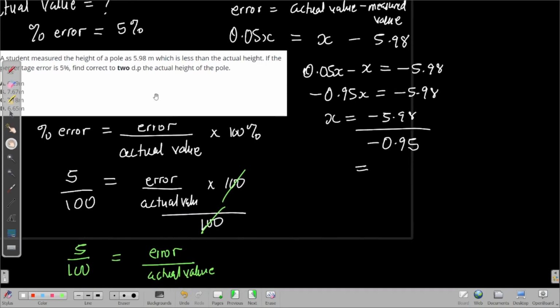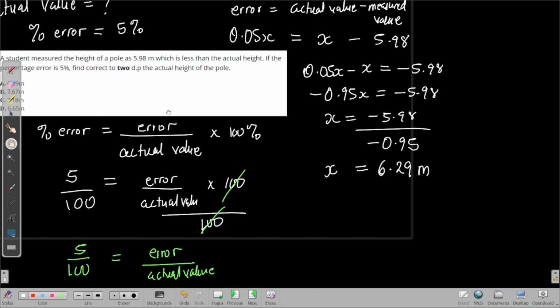We're asked to find this to 2 decimal places. So 5.98 divided by 0.95 will give me 6.29. So it means that the actual height of the pole is 6.29.